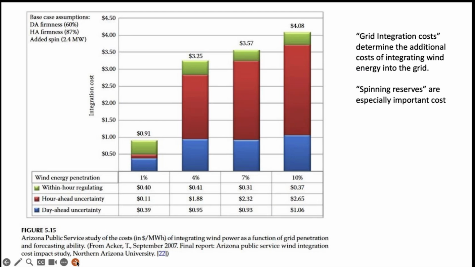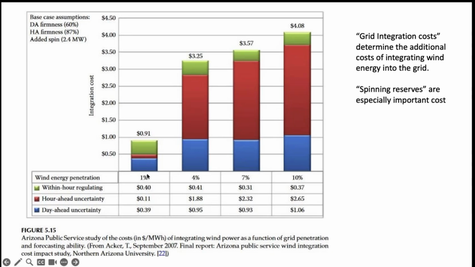Now, this is a field that is a little confusing, but the grid integration costs determine the additional costs of integrating wind energy into the grid, and spinning reserves are an especially important curve. So here we've got an Arizona Public Service study of the costs in dollars per megawatt hour of integrating wind power as a function of grid penetration and forecasting ability.